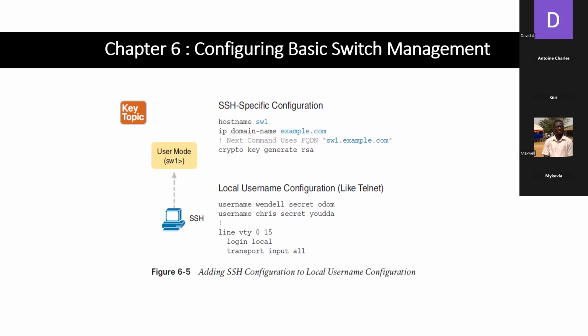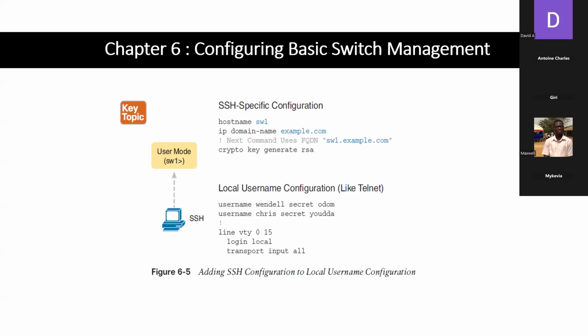How do we prevent that from happening? We use SSH. SSH encrypts all data transmitted between an SSH client and an SSH server. In the situation of a switch and a PC, the switch is the SSH server, and our PCs would be the SSH client. Using SSH would protect the data and the passwords that flow through.